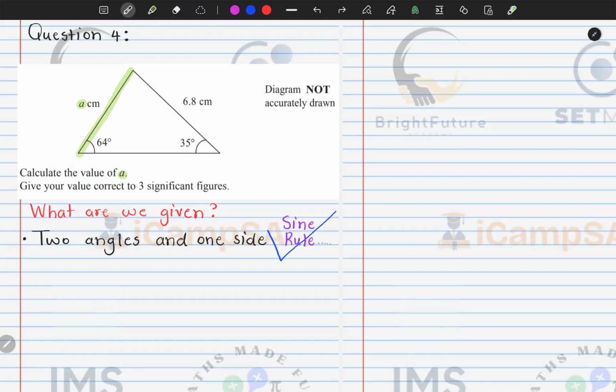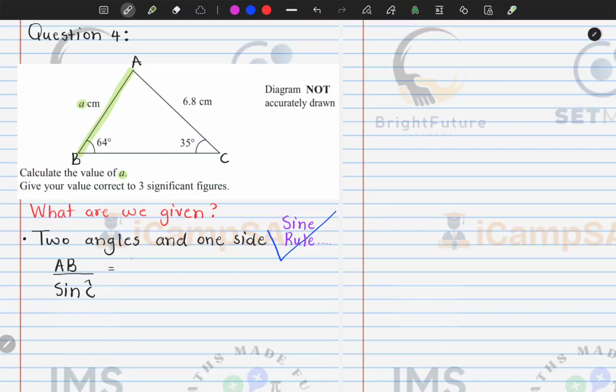If you observe carefully here, let me name them. Let me call this one angle A, angle B, angle C, like that. I'm going to have side AB. Side AB is opposite to angle C, so I will divide it by sine of angle C. The reason why I'm going to put the sides at the top is because I'm looking for a side, which is side AB.